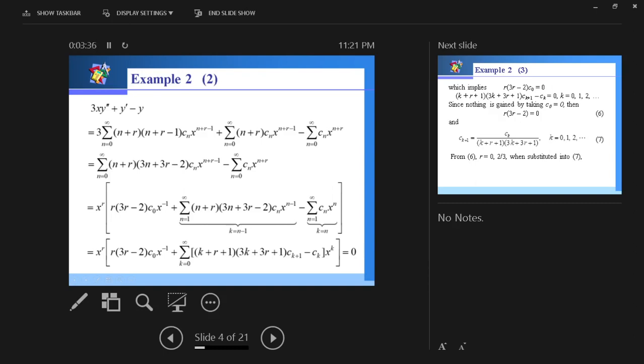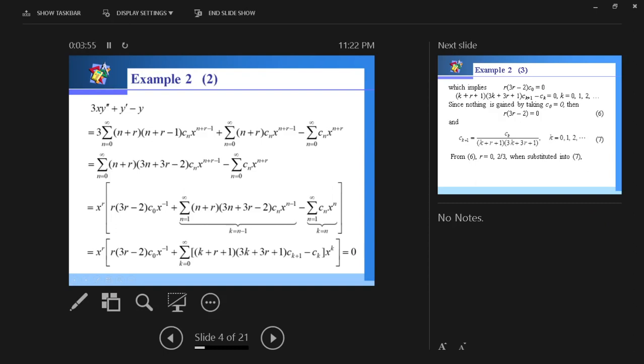Then putting k = n-1 for the first term and k = n for the second term in compact form, x^r is the same, and r(3r-2) c_0 x^(-1) is the same.